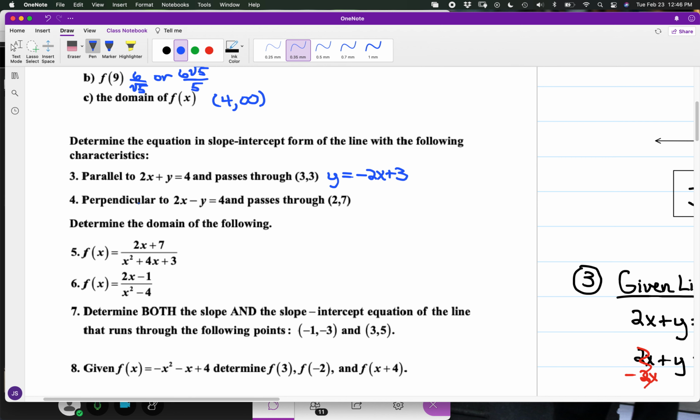Now for the next item, we're looking for the equation of the line in slope-intercept form that is going to run perpendicular to the line represented by 2x minus y equals 4, and where the perpendicular is going to pass through 2, 7. So have a little bit of a change up for the given line.